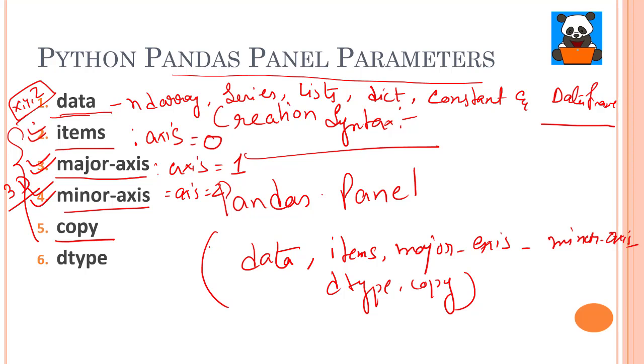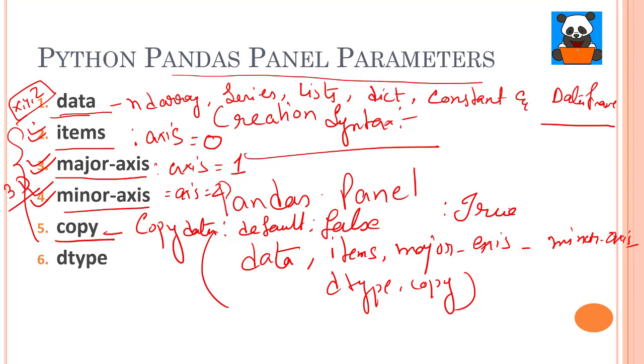Now comes copy. This copies the data; by default it is false. If you want to copy the data, you have to set it to true, so it takes boolean types. Last but not least is dtype.